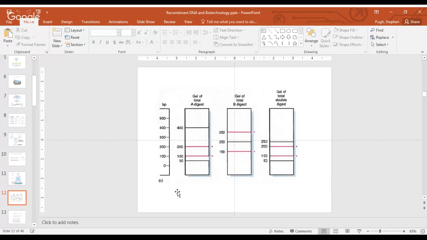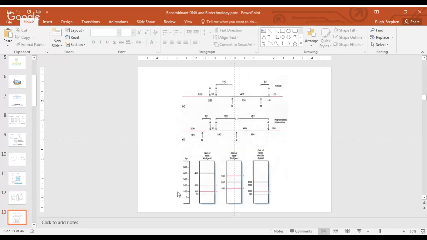And then we get the double digest that's on the right. Again, there are 2 possible restriction maps that can be drawn based on this data. And the actual one is up on top, where it indicates where the restriction sites are for enzyme A and the restriction sites for enzyme B. And that gives us the pieces of DNA in the double digest that we would predict based on that arrangement.